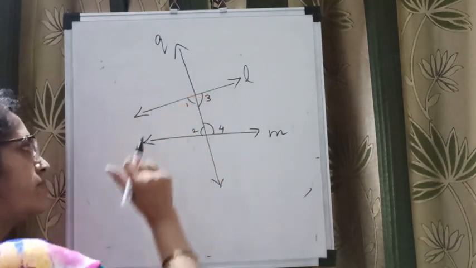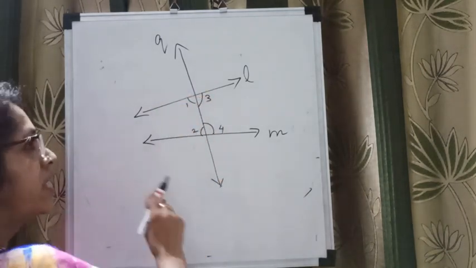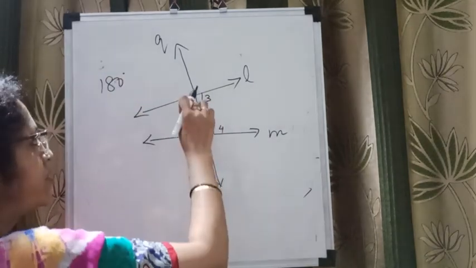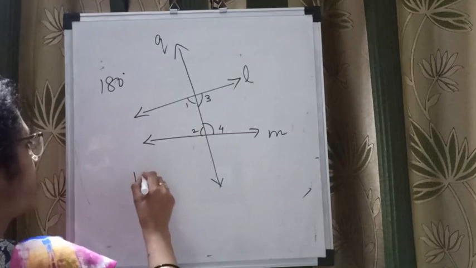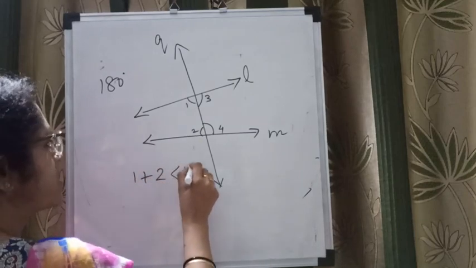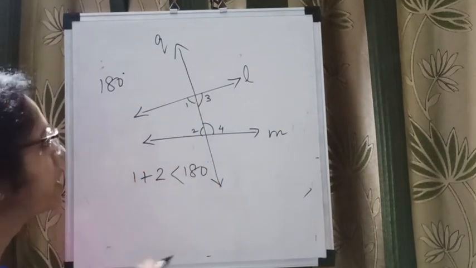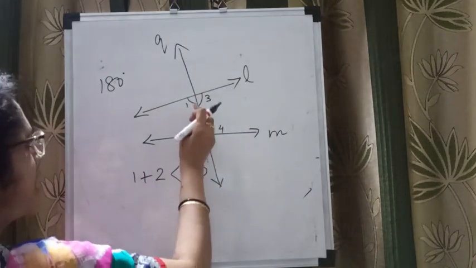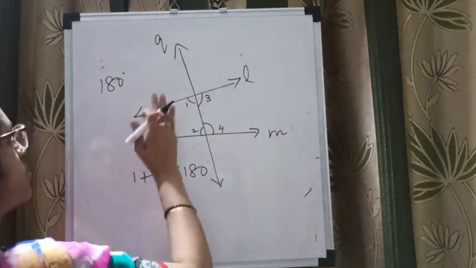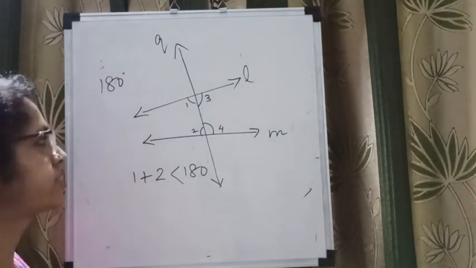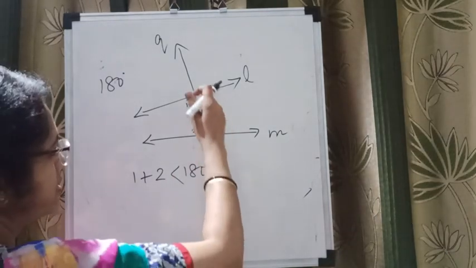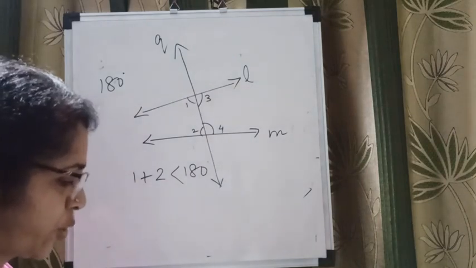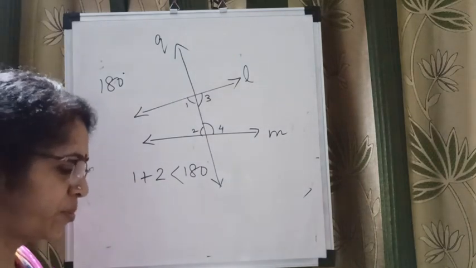If I take the sum of these two, it should be less than 2 right angles. 2 right angles means 180. So the sum of these two should be less than 180. 1 plus 2 less than 180. Then in this situation, if these are extended, on the side where it is less than 180, only on that side they will meet at a point, and on the other side they will diverge. So this is also explained very nicely in your book.